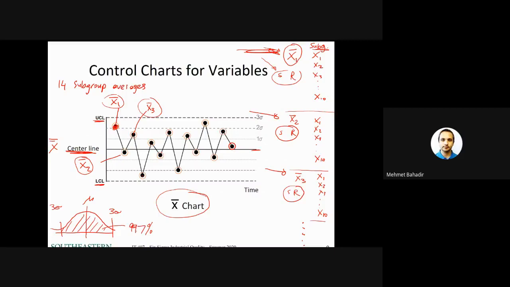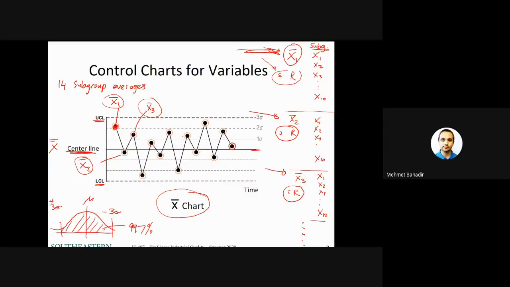What does it mean? It means that almost all your data points in a normal distribution are between 3 sigma plus and 3 sigma minus, the plus and minus limit lines.